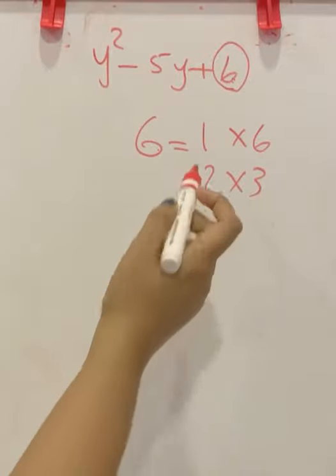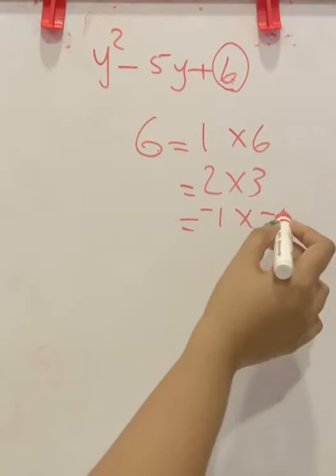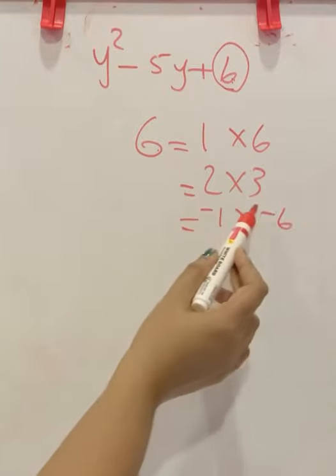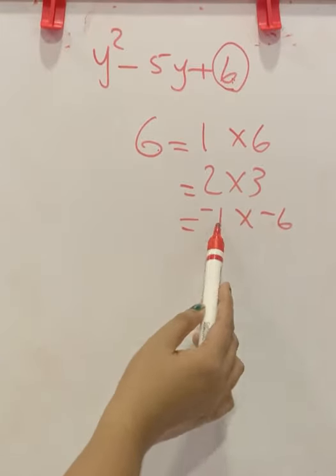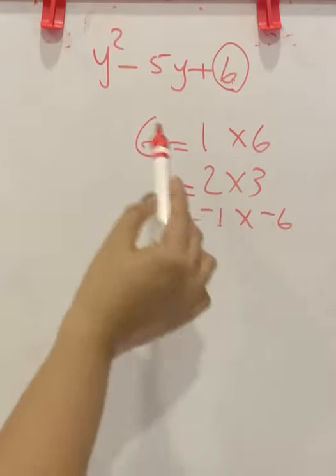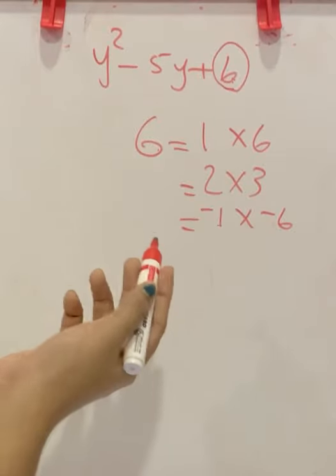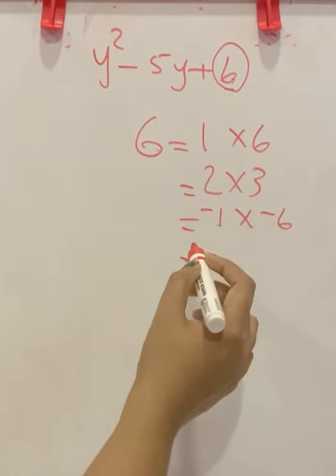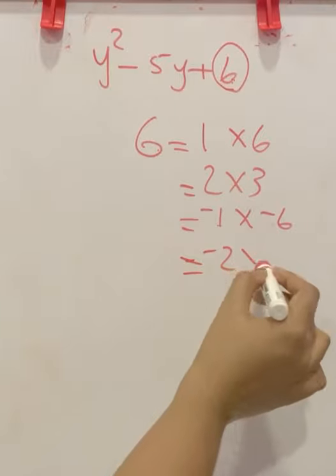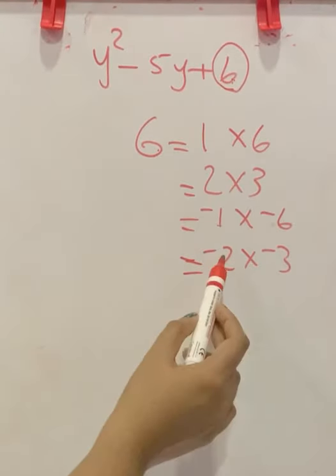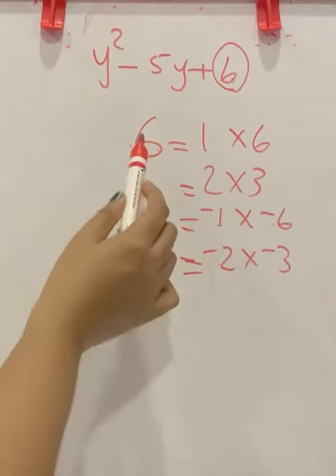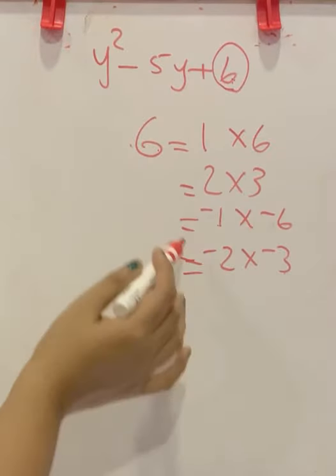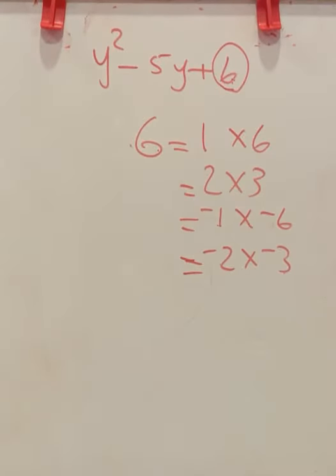Changing the signs, we can write minus 1 into minus 6 is also a factor. Check the result. 1 6s are 6. Minus into minus is positive, so minus 1 into minus 6 is also 6. Next is minus 2 into minus 3. 2 3s are 6. Minus into minus is positive, 6. So we can have these values as factors.